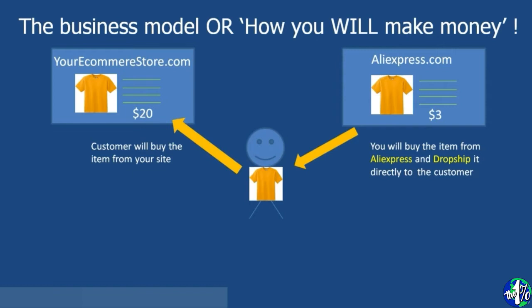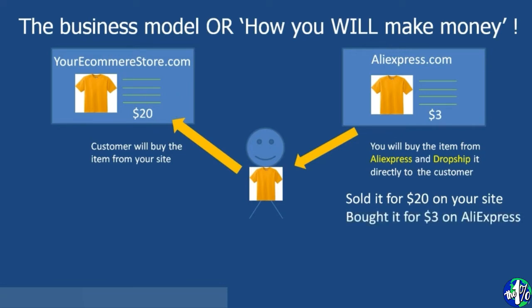So let's just have a look, a slight bit more detail about what that actually means in terms of business. So down in the right hand corner here, I've got some things popping up. So let me just draw your attention to that. So we sold it for $20 on your site. We bought it for $3 on AliExpress and we shipped it directly to the customer.